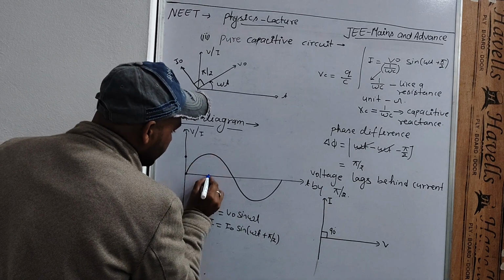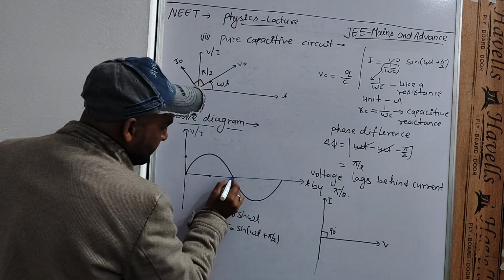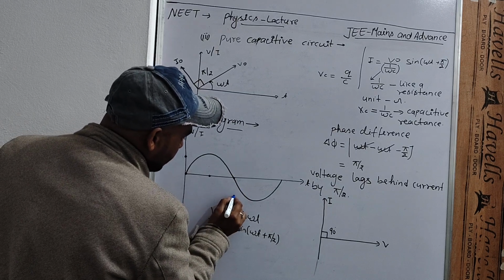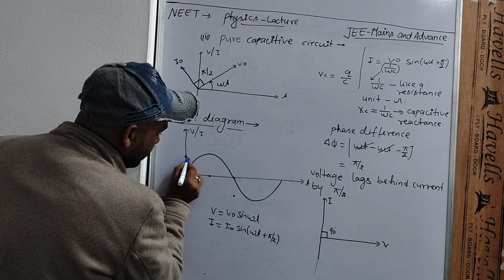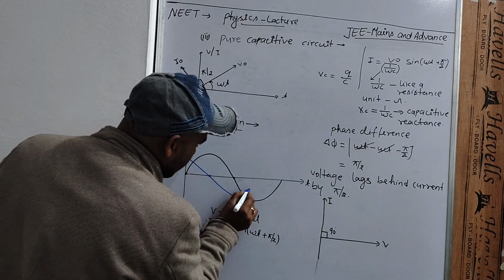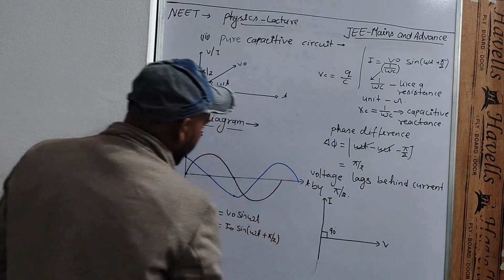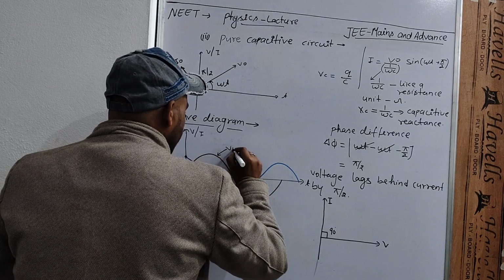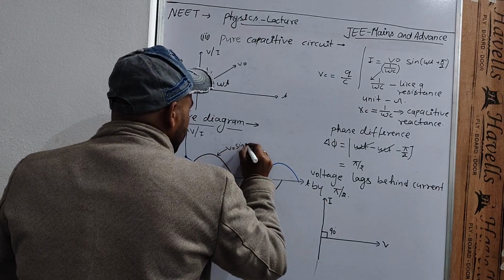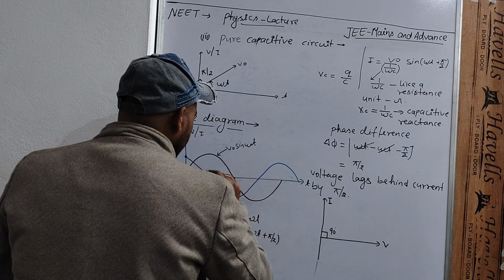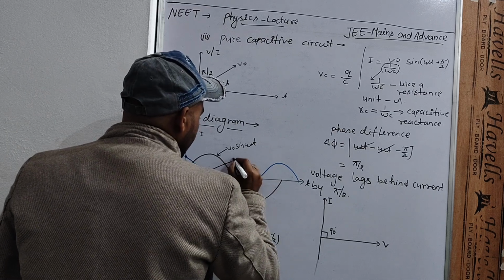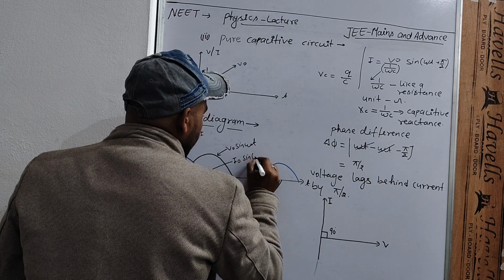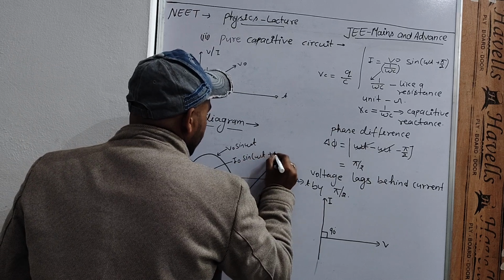And when the voltage is maximum, then current will become minimum. When voltage is minimum, then current becomes maximum. So graph becomes like that. This graph shows instantaneous value of voltage V naught sin omega t, and this graph shows instantaneous value of current I naught sin omega t plus pi by 2.